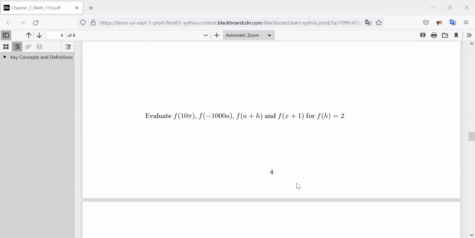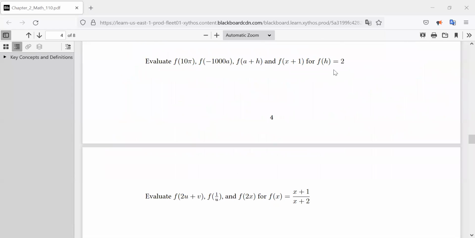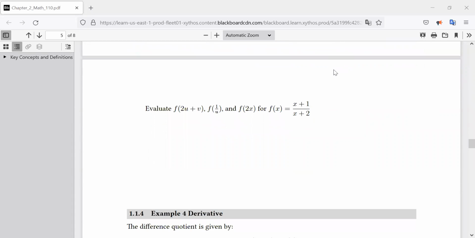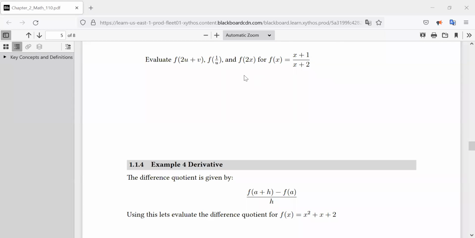So like I said earlier, this one ends up being very similar to the third problem we did. But yeah, I'll just do the first one for this and leave you guys with the rest.